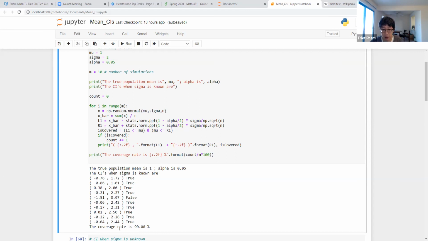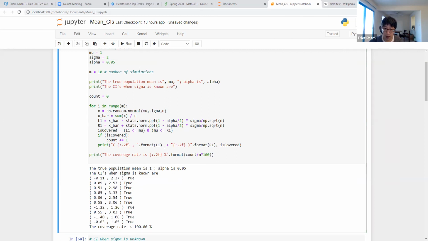But you see here the coverage rate, which is how many times I catch this, is 90%. If I run this experiment again, the whole thing, this time I have 100% coverage rate because every confidence interval I construct contains the true mean, which is 1. Is that okay?